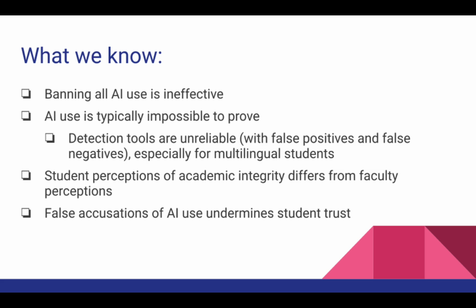One thing that's shown up, and this is something that we read about in the reading group we did last fall on the opposite of cheating, is that when students are surveyed about what they believe is a violation of academic integrity or is unethical, their perceptions differ quite a bit from those of faculty. Faculty identify a much larger range of issues as being academic integrity violations than students do.